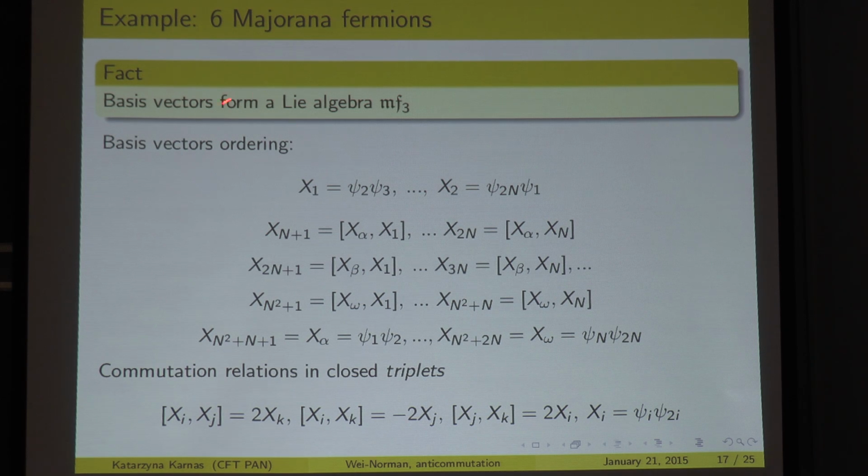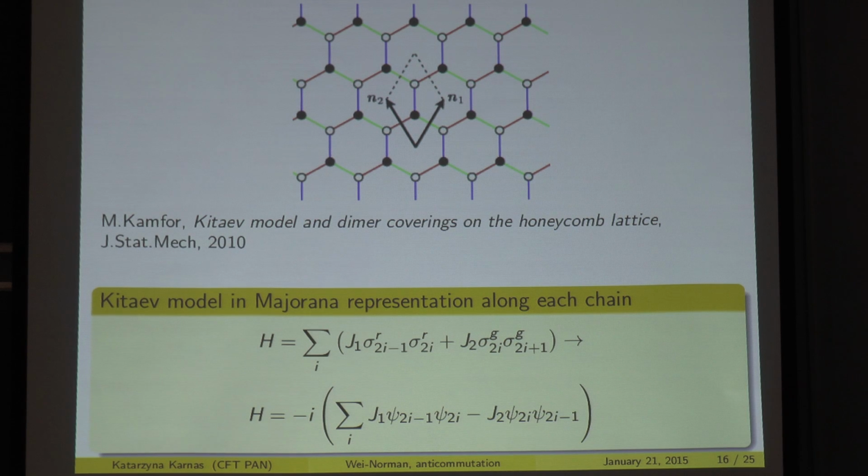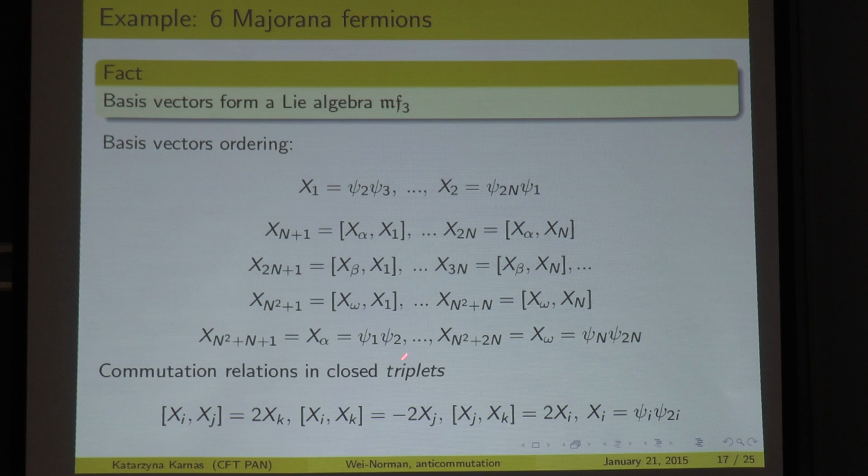And also the basis vectors defined for the Kitaev model form a Lie algebra. They are ordered this way and satisfy closed commutation relations.